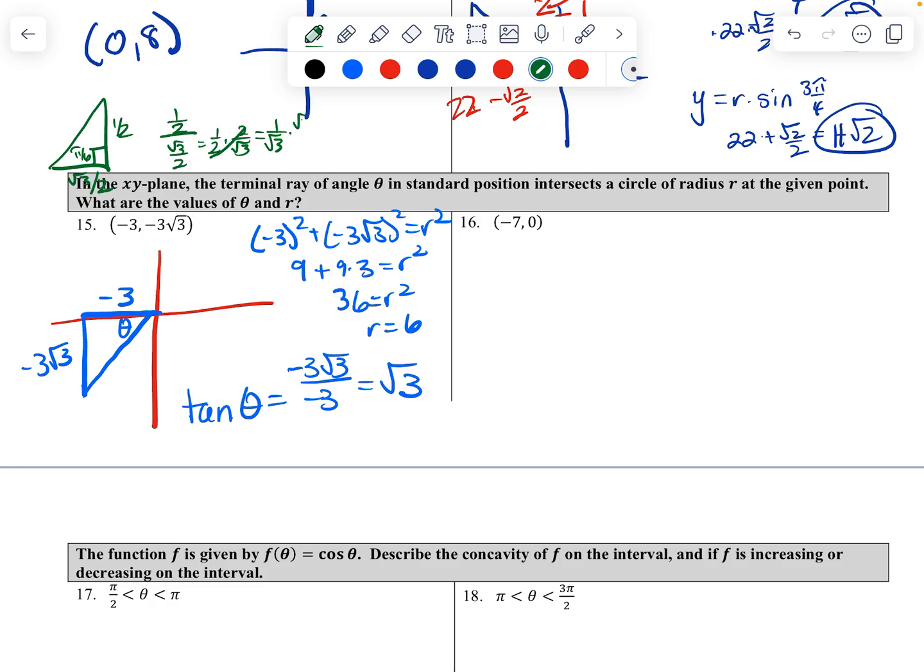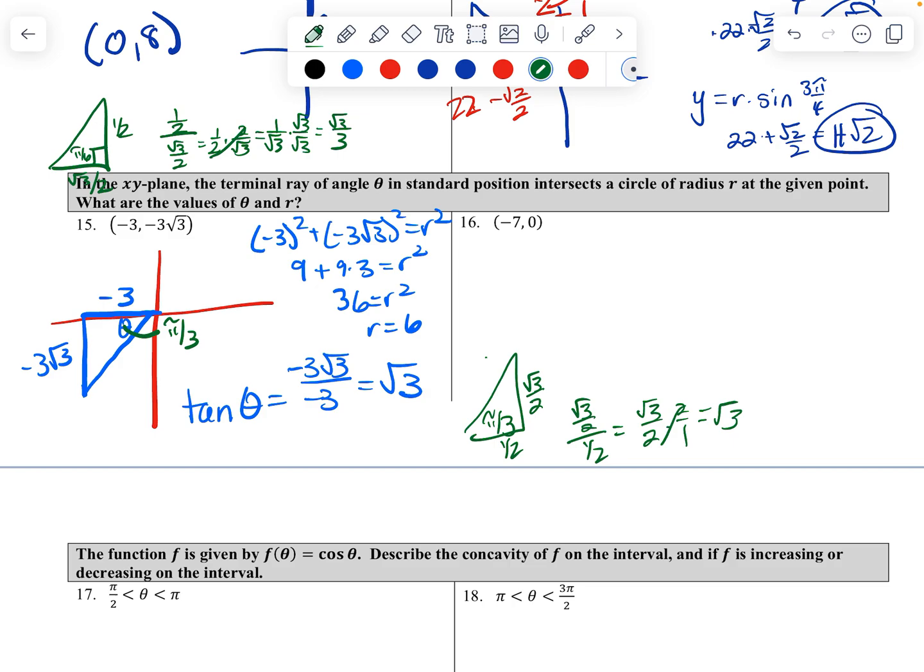So times root 3 over root 3 is root 3 over 3. Well, what about, let's try pi over 3. Root 3 over 2 and 1/2. So tangent is root 3 over 2 divided by half, root 3 over 2 times 2 over 1. Well, that's root 3. So I know this angle's pi over 3.